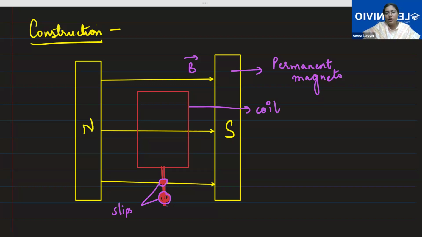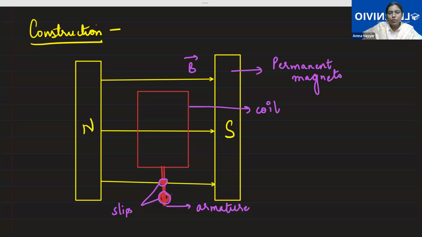And the slips are held on an armature, basically a stand. Usually the coil taken for an AC generator is a rectangle. Just two slips, which allow the rotation of the coil. Otherwise, it will be rigid, so how will it rotate? There should be some movement allowance, which is put on the armature. The armature is just like a stand on which two slips are put. Now the coil can rotate.